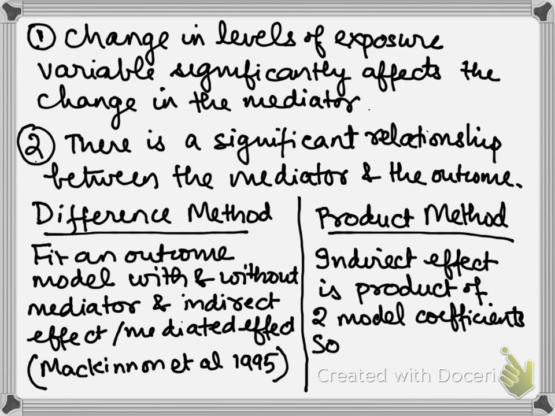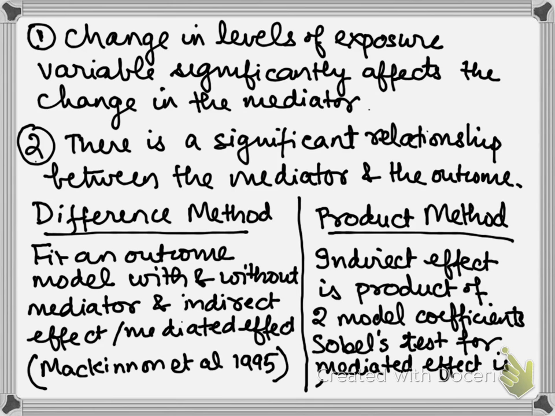So if in your software you see it's doing Sobel's test, it is definitely applying the product method to estimate these effects, and the test for the mediated effect is based on it.